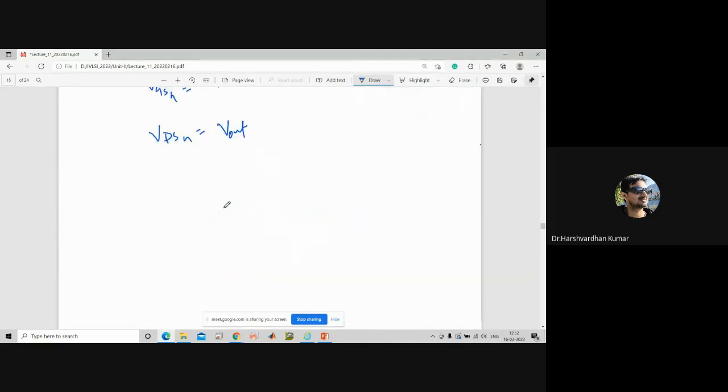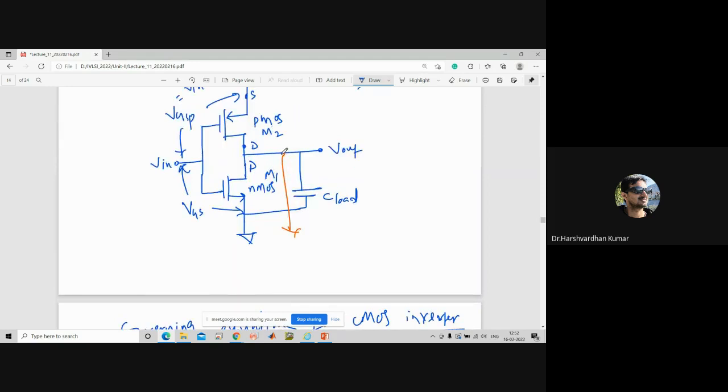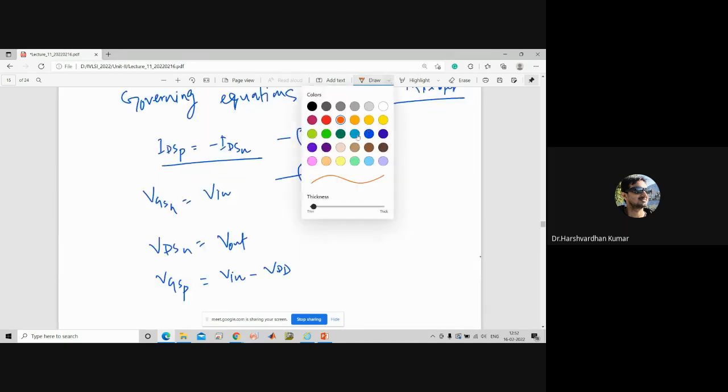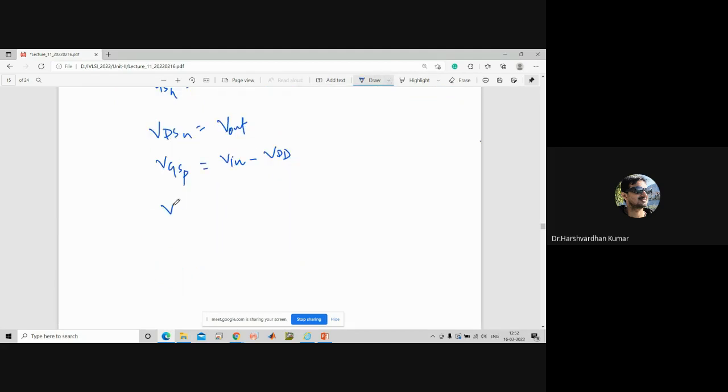Similarly, for the drain to source voltage, VDSP, it will be equal to Vout minus VDD. So these are the governing equations for the inverter.